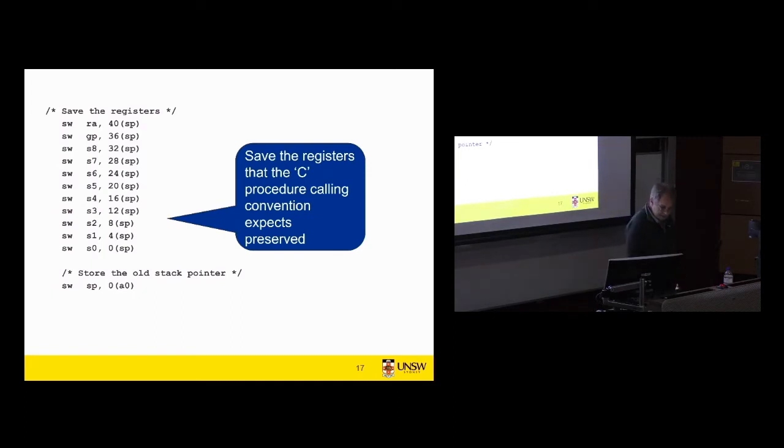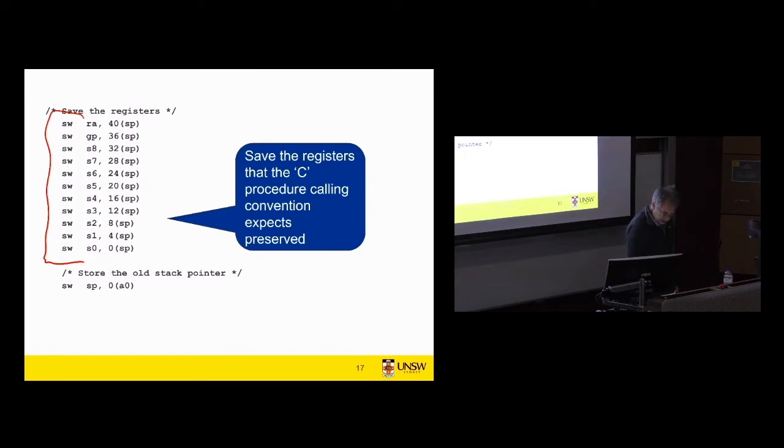And so that basically means it needs to save some of the registers that are defined as not changed by callees when a caller calls a function. So this should be a relatively familiar, if not a little distant in the past term. So once we've stored this on the stack, we need to store the stack pointer that basically represents where we've got to at this point.